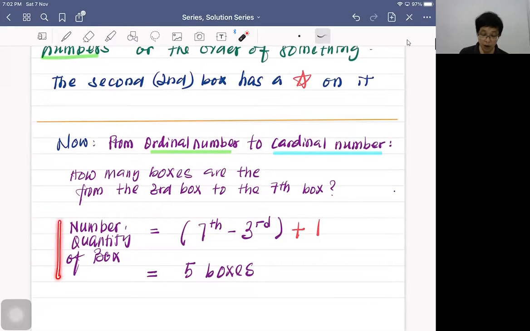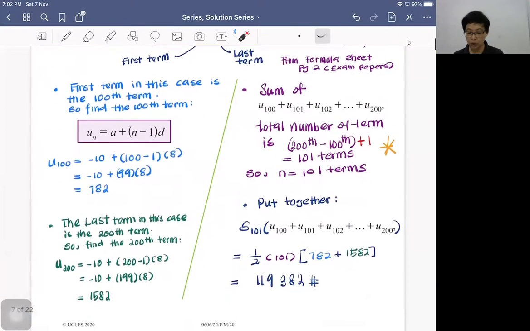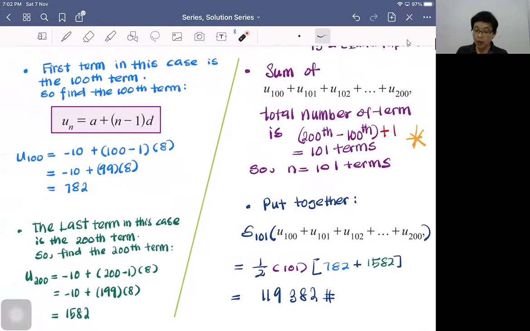Therefore, the quantity of boxes from the 3rd box to the 7th box is actually 7 minus 3 and we plus 1, in order to convert the ordinal number to a cardinal number. With this background, we will continue our solution.